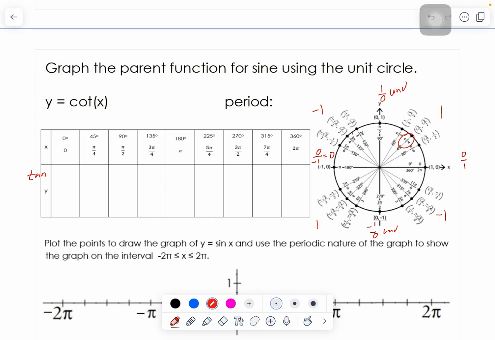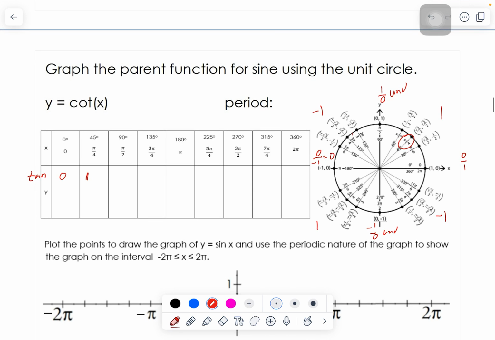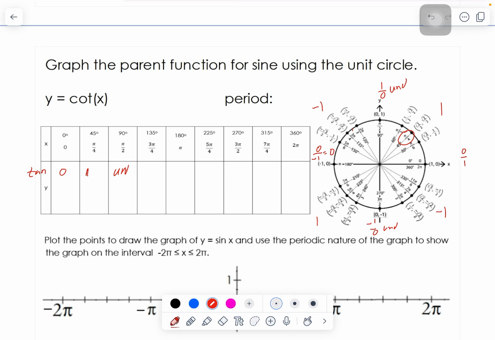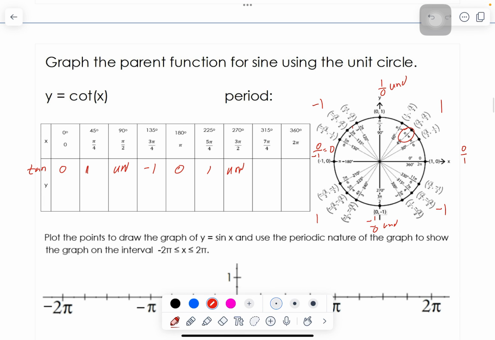Let's see. So at 0, the 1, undefined, and then I've got negative 1, I've got 0, I've got 1, I've got undefined again, and I have 7 pi over 4, we'll check real quick, negative 1, and then back to 0.